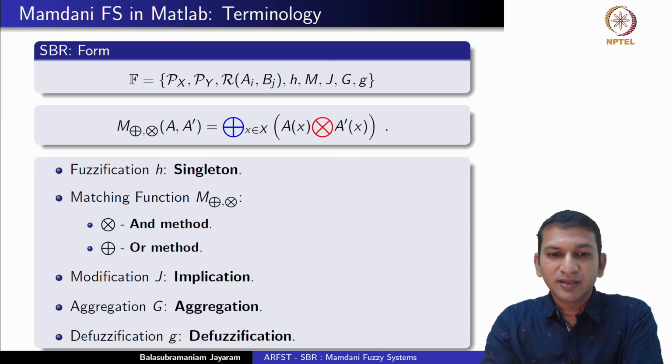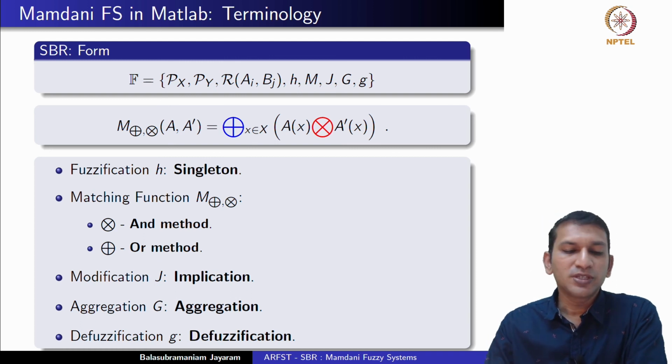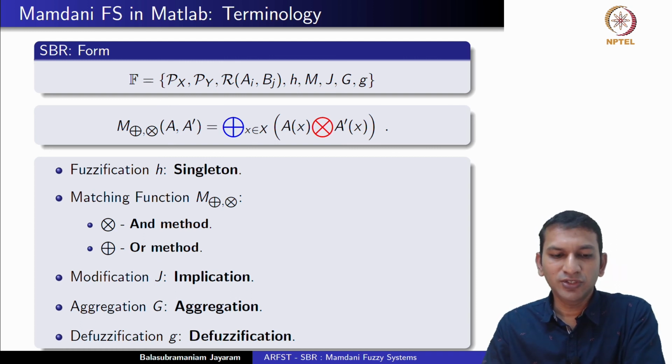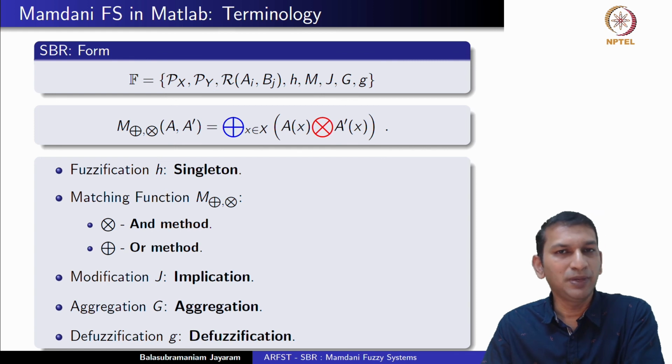Note once again that a Mamdani fuzzy inference system is a similarity based reasoning system. You could use any of the fuzzifications for h, any matching function for m, and of course any modification, aggregation or defuzzification functions for the corresponding operation. However, what we are seeing right now on the slide is how Matlab Fuzzy Logic Toolbox implements it.